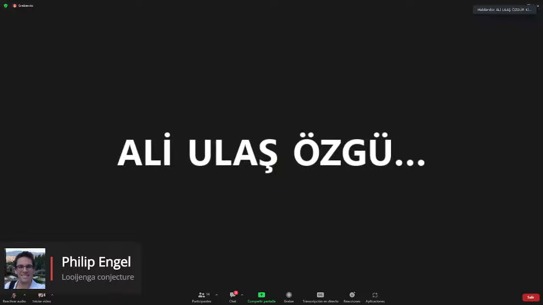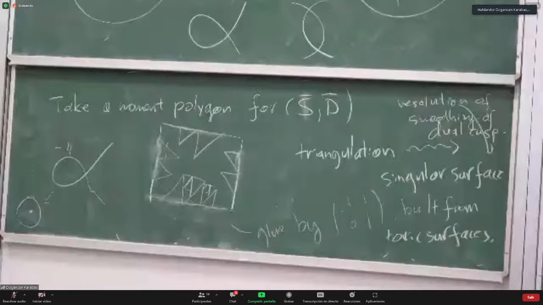I have a question. So the proof of smoothability from the moment polytope by triangulations, is that in any way similar to Viro patchworking? To what? Viro patchworking? I don't know what that is.